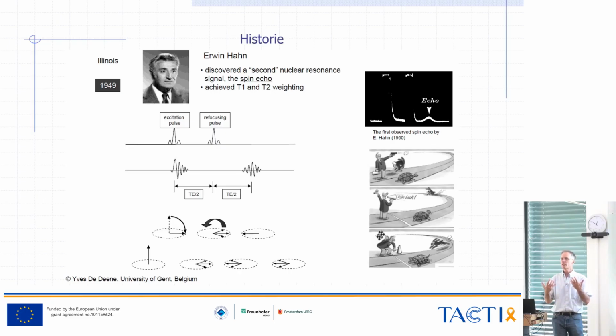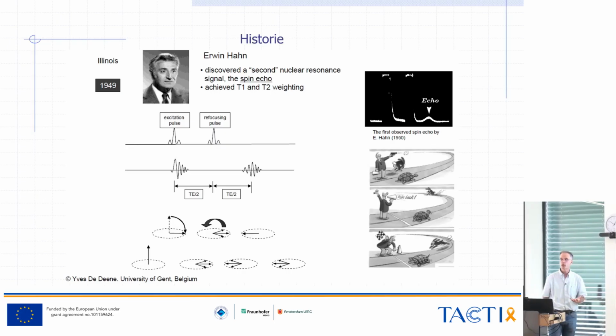That's why we are still getting T2 relaxation, but only T2 relaxation. So we got rid of this T2 prime component coming from the inhomogeneities, and removed it from our signal intensity. And that's what this spin echo is about.